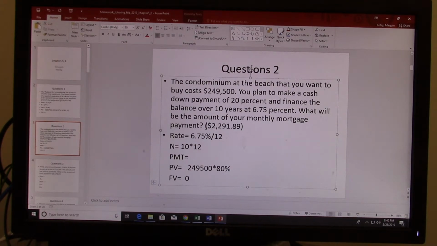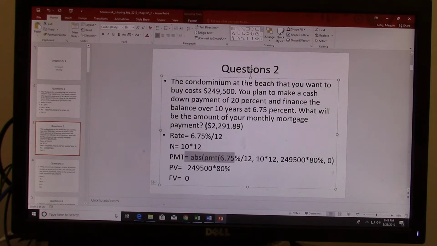Again, since this is about cash flow, we should add ABS in the front, so we always get positive numbers. So the input should be the interest rate divided by 12, 10 times 12, and these are the inputs.